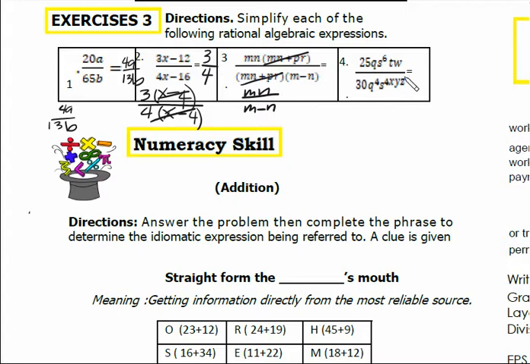For number 4, we have 25 and 30. What is the GCF of 25 and 30? It's 5. So 25 divided by 5 is 5, and 30 divided by 5 is 6.